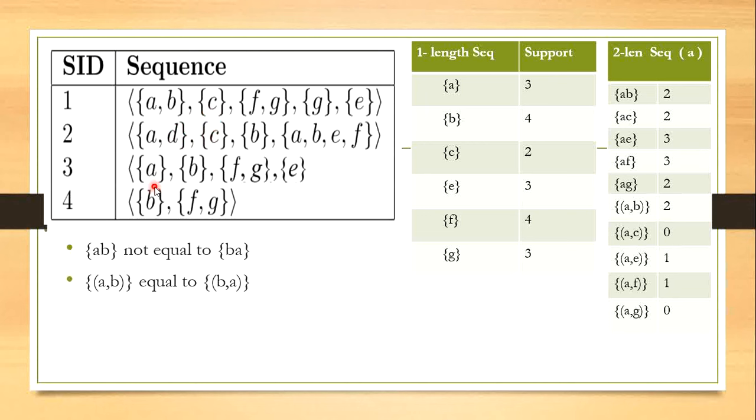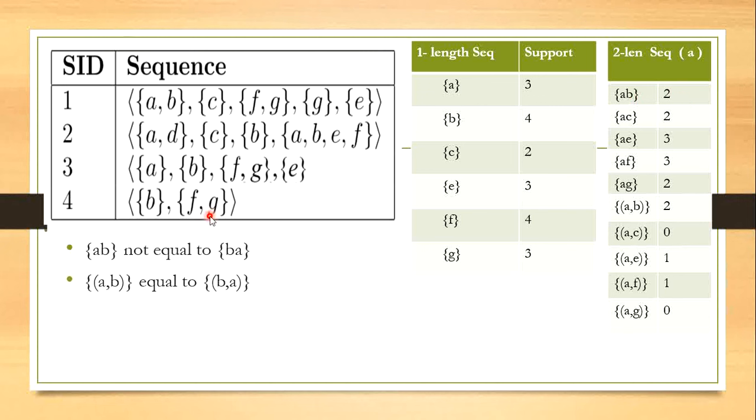And here also sequence 3, A is present in one transaction and B is present in another transaction and A is present before B. So this is also contributing to the support of AB. Because these two sequences contain this AB, the support of AB sequence is 2.